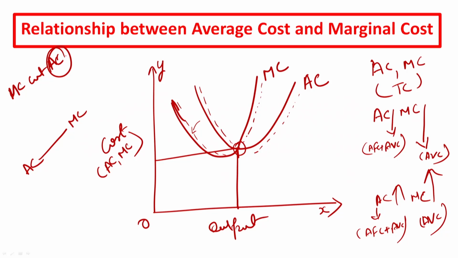That is why whatsoever trend average cost is following, the marginal cost will also follow the same trend, but the speed of the marginal cost will be greater, because it does not have the proportion of the fixed factor in it. So this is showing the relationship between the marginal cost and the average cost.